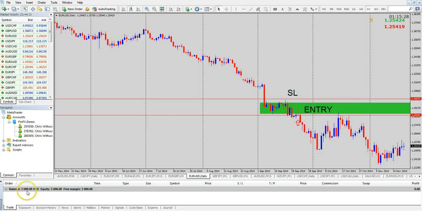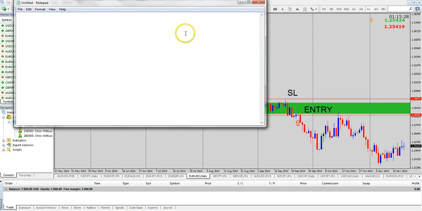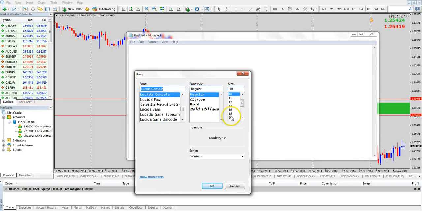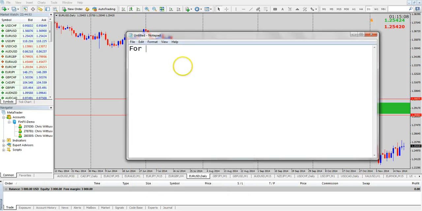Now, if you have $3,000, what kind of trade size could you take? Let me open up the platform just so everyone can see, nice and clear. Font, make it big. Alright. For every $1,000, you can take 0.10 lot size. That means if you have $1,000, you can take one trade that's 0.10, meaning every pip is $1.